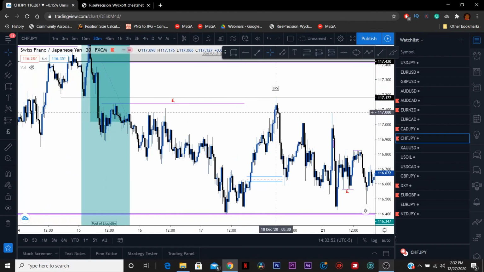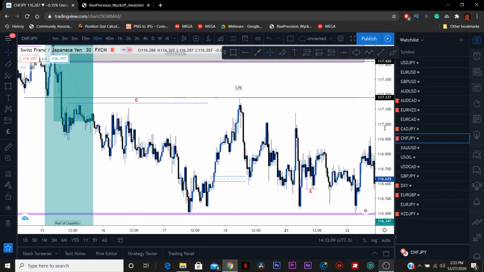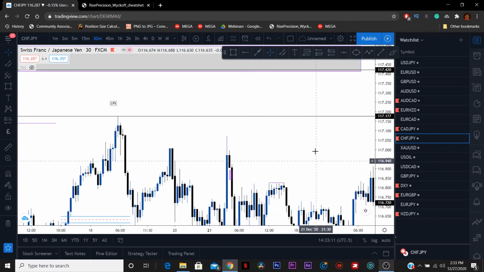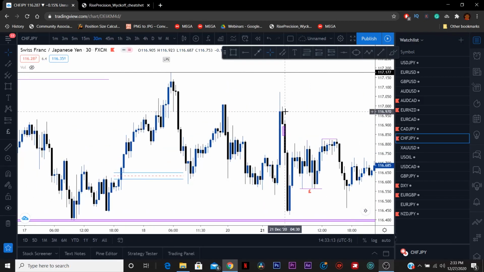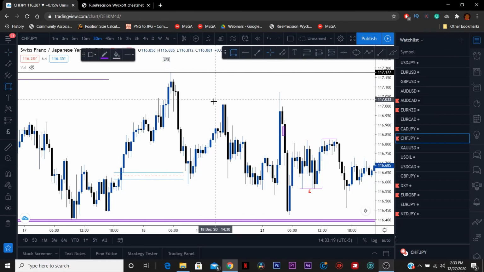Okay, so this candle initially right here is our last point of supply right here, which mitigated this breaker right here and filled the imbalance that was between these, and it took liquidity as well. So what we're looking at here, once we see this last point of supply being formed here and we see the market come down, the market created liquidity right here.